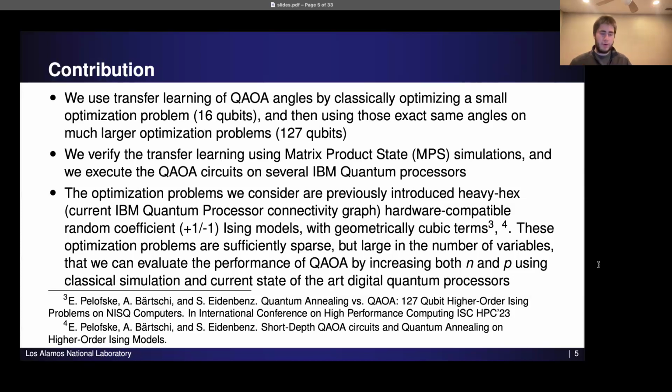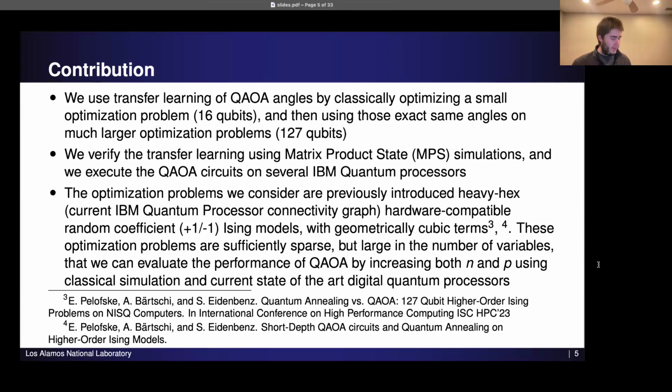There's a number of different terms that have been used in the literature for this property, and it originates outside of quantum computing in machine learning, where I believe the term is transfer learning. But in the context of QAOA, terms like parameter transfer and parameter concentration have also been used.